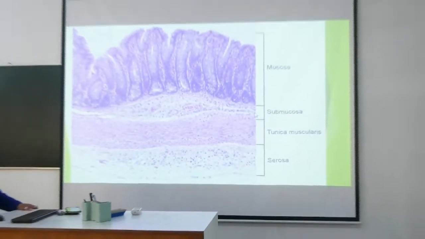Okay, and this is the muscularis mucosa. So you could find a very nice lining. It is not at all disrupted. Okay, and a few lymphatic follicles. This is present in the submucosa. Tell me the plexus I told.